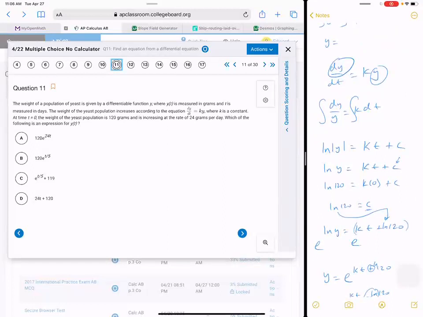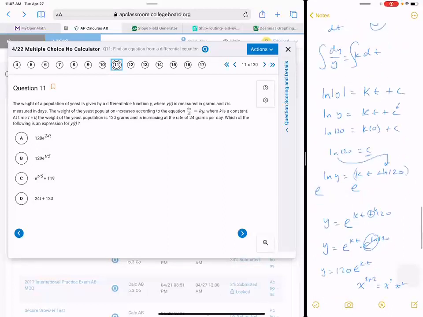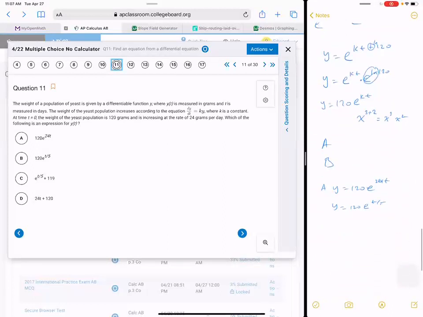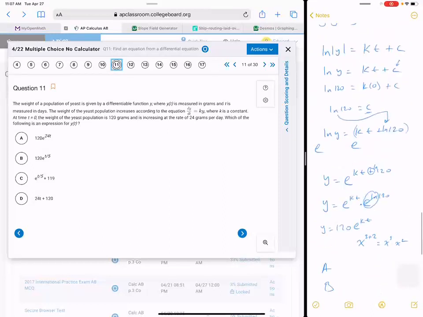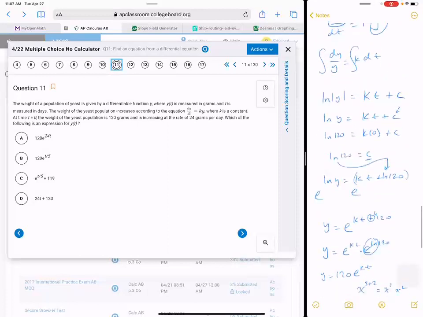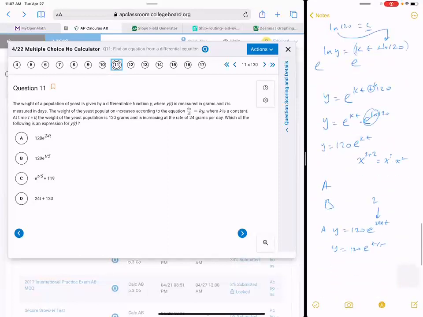Remember we said it's increasing at a rate of 24 grams per day. So which of these, if I take the derivative, would give us 24 grams? So the k value, oh, never mind, what am I talking about? The rate, that's the 24 here. That's what that 24 was referring to. That was our k value. So the answer is going to be A.